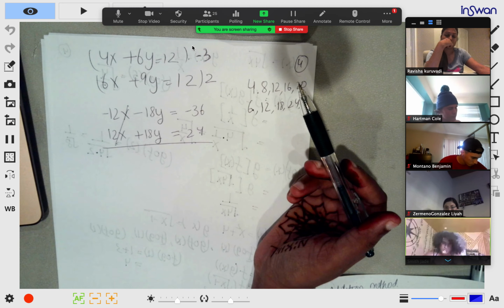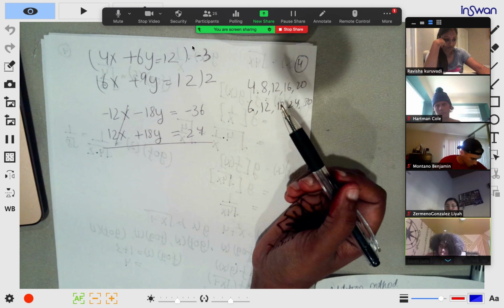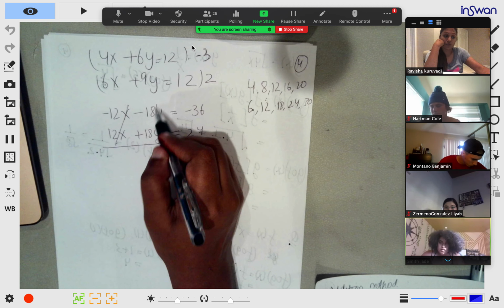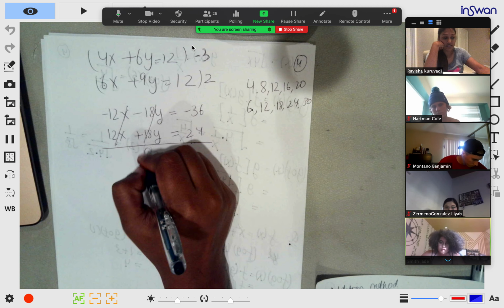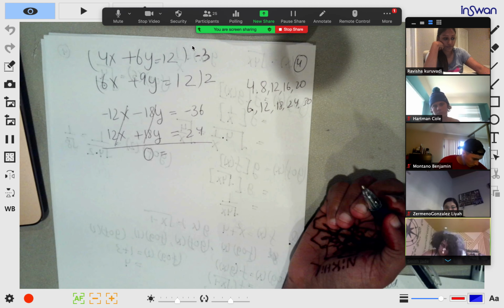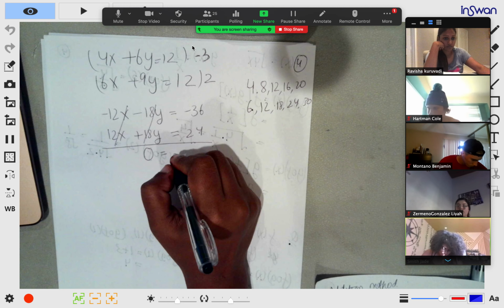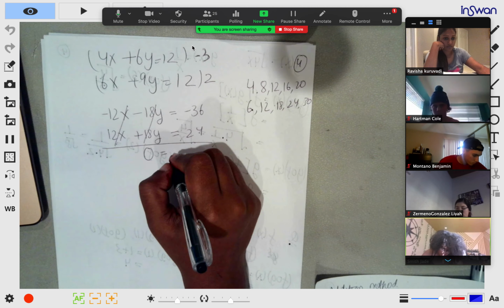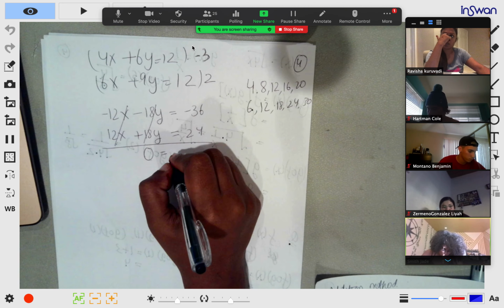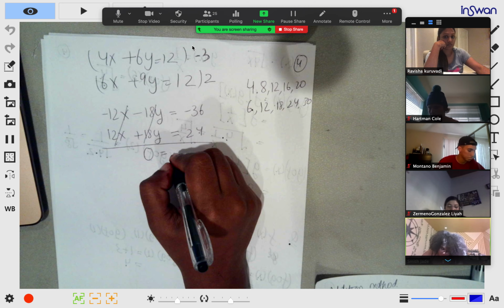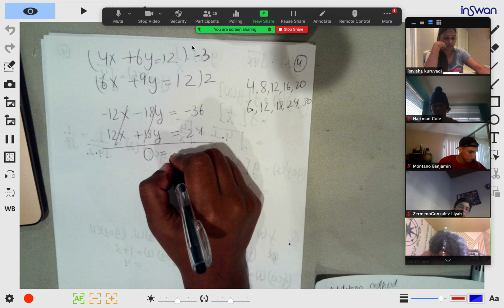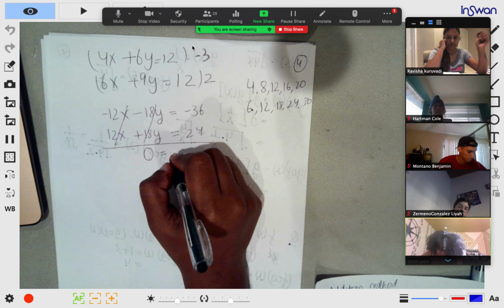Okay, so yeah, it would just cancel out also. So you're left with this side as 0. Is equal to what? Would just be negative 12.